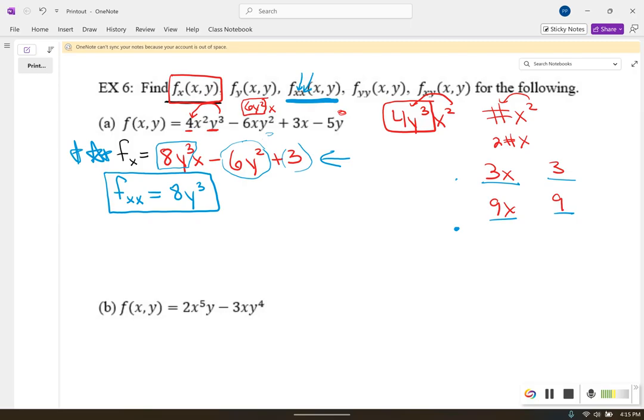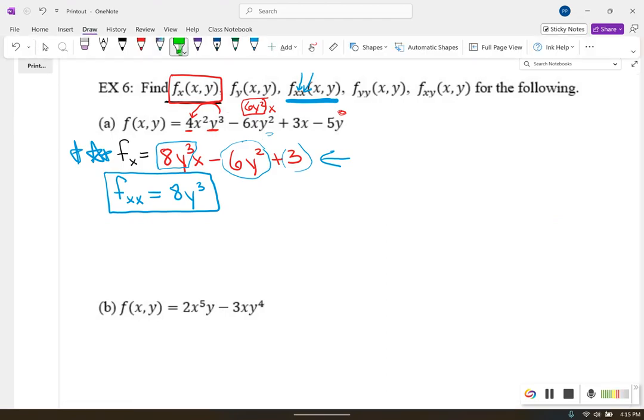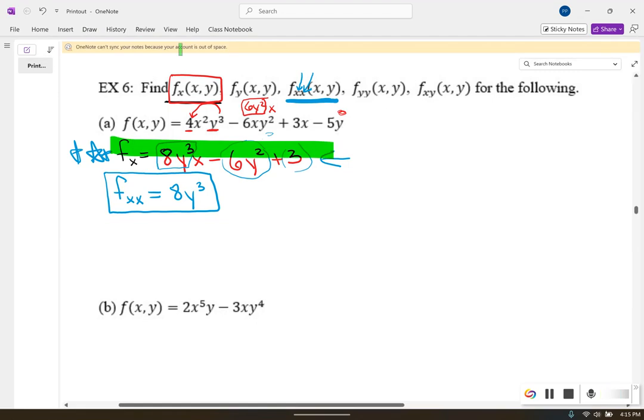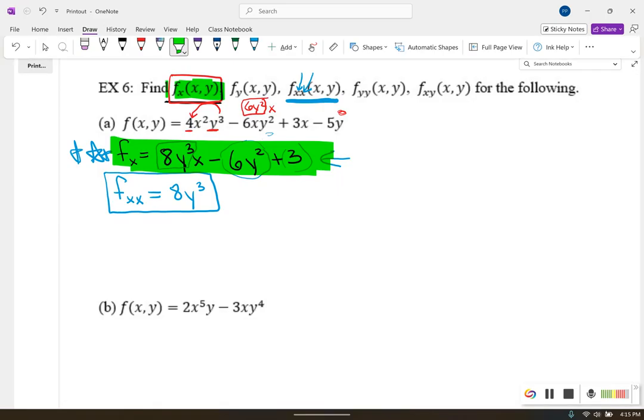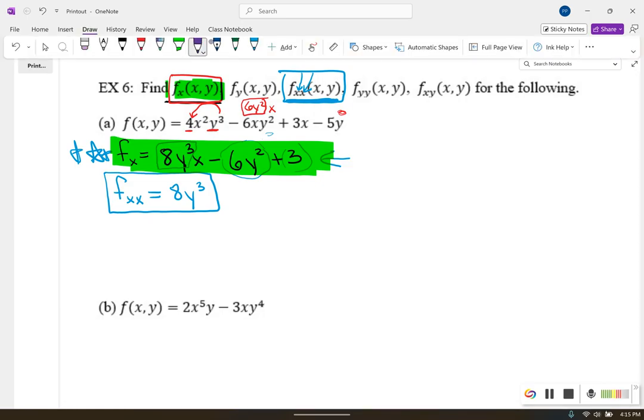Partial derivative with respect to x, and then the partial derivative with respect to x again. All right. And so we're still going to come back here. So I found my partial derivative with respect to x there, and then we found the partial derivative xx. I'm going to skip over a second, and I'm going to do this one next.